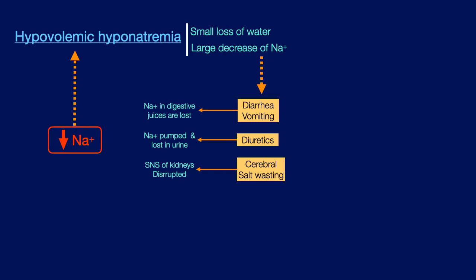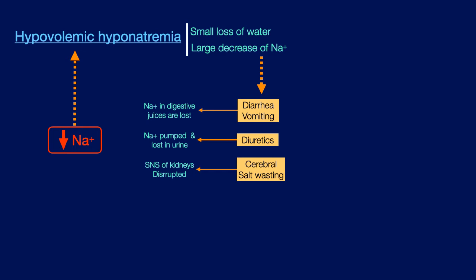It can also happen in response to using certain medications like diuretics. Diuretics are for you to excrete more water, more liquid, right? So with these medications, sodium ions are pumped into the renal tubule and then lost in the urine.